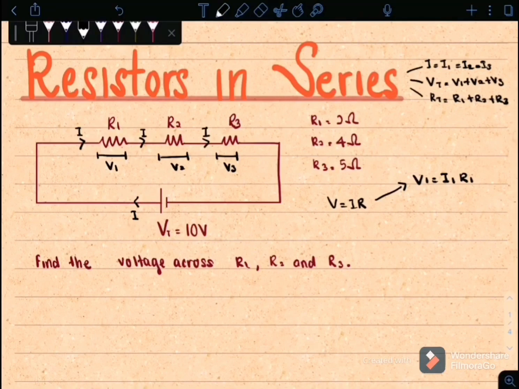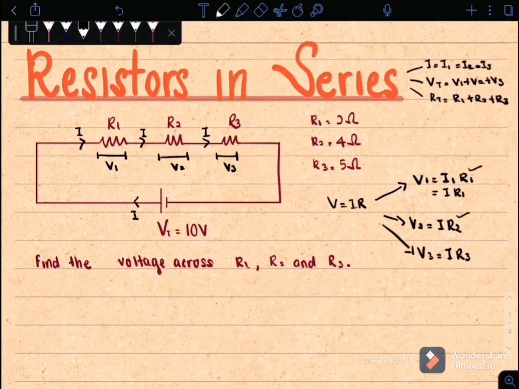So my V1 is equal to I1 R1 becomes V1 is equal to I R1 because it is the same current. So my voltage across resistor 2 becomes I R2 and voltage across resistor 3 becomes I R3.